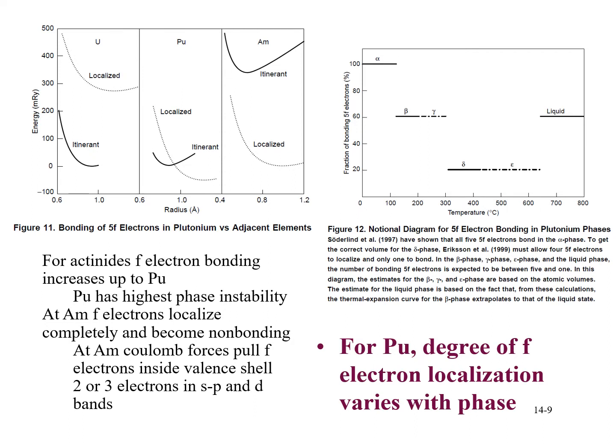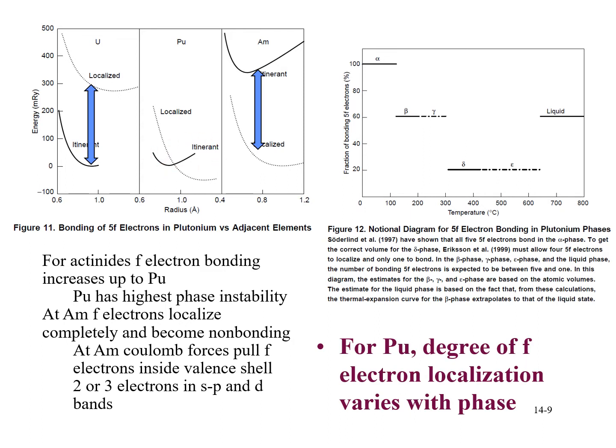This behavior for the actinides increases up to plutonium and then switches over from americium on, where the materials are more like the lanthanides. We can see that there's a relatively large gap between the delocalized and localized nature in uranium and americium, and we get a mixing of the localized and delocalized behavior in plutonium.